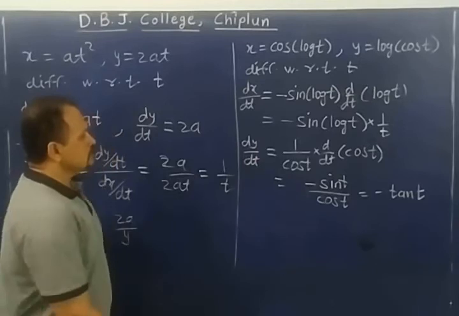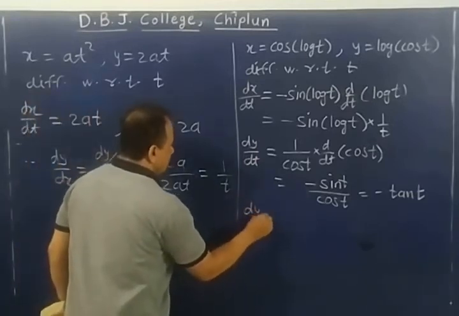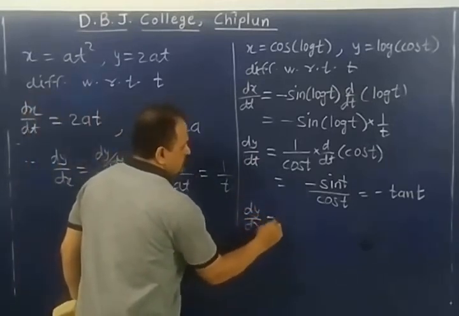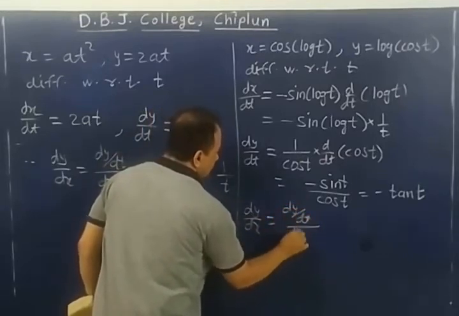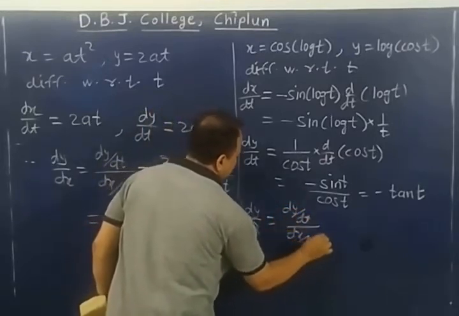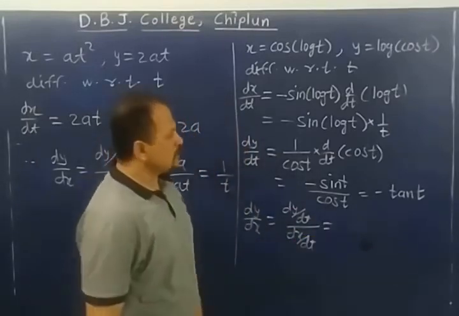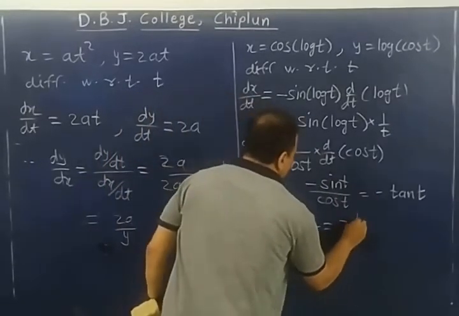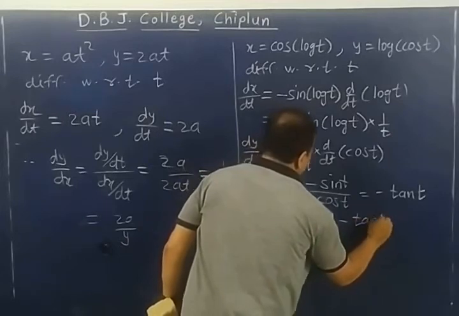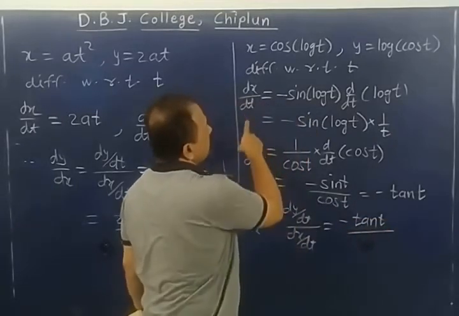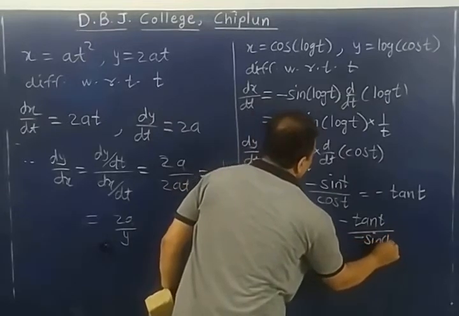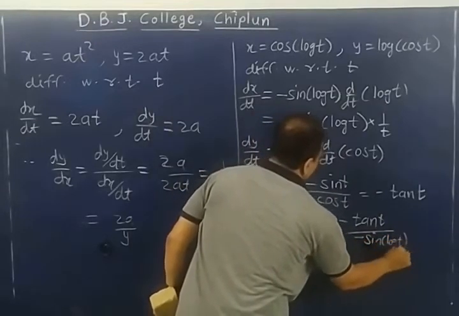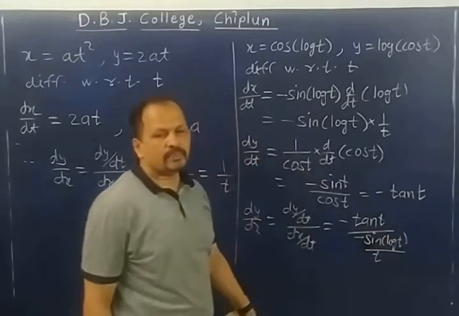Now the formula, dy by dx is equal to dy by dt upon dx by dt. dy by dt is minus tan t and dx by dt is minus sin of log t divided by t.